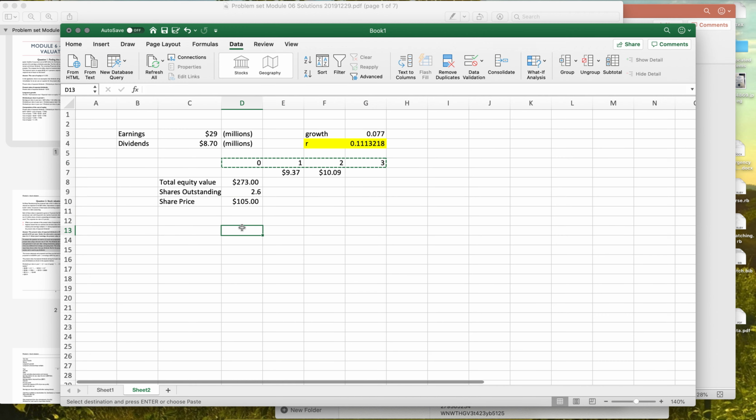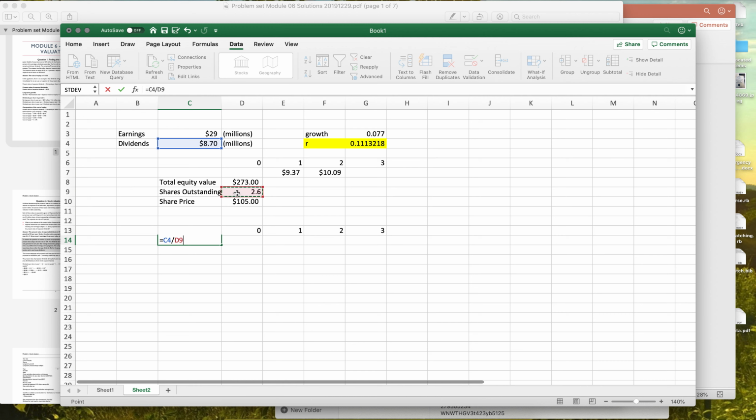There's another way to do this. I'm going to do it really quickly. When we have this 8.7, we can go ahead and get the share price here. We get the same answer.